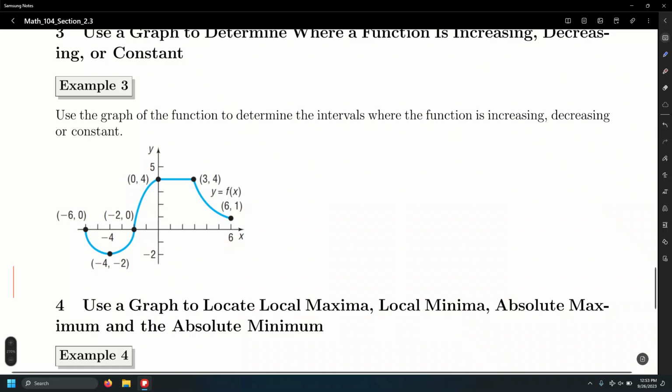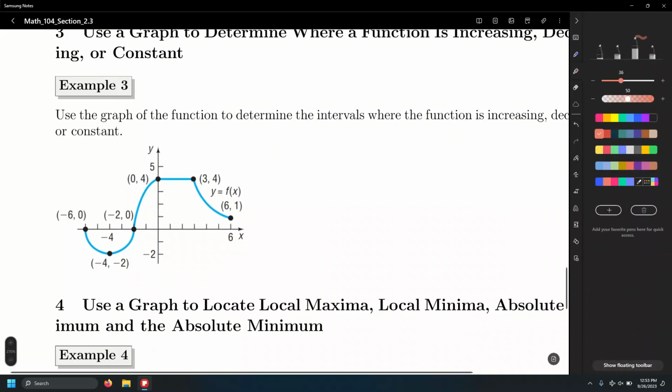My advice here is to highlight with red the parts of the graph that we see decreasing, and that's actually this portion of the graph. That's where the graph decreases. I'm going to use red for decreasing and green for increasing, so that's going to be all this interval right here.